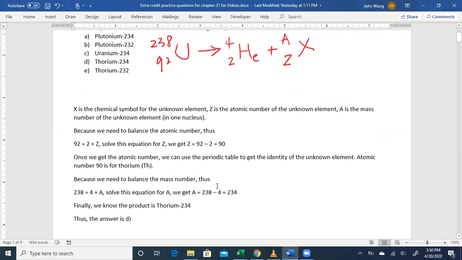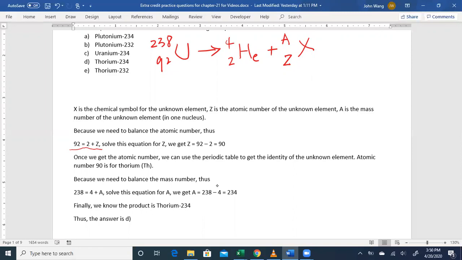So next, because we need to balance the atomic number, the starting atomic number is 92, and one product has atomic number 2, the other one is Z, so therefore we have 92 equals 2 plus Z. And we solve this equation for Z, we get Z equals 92 minus 2 equals 90.